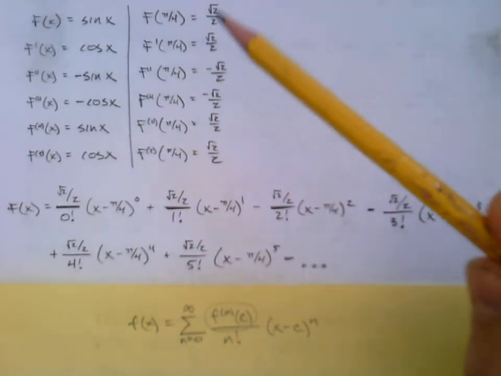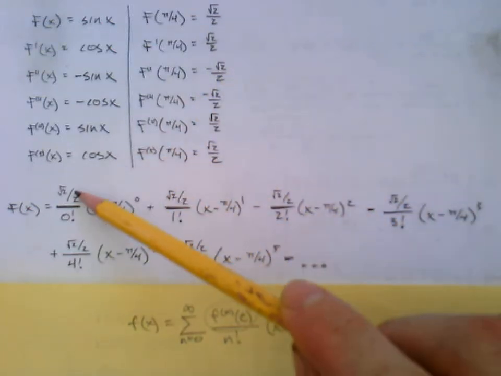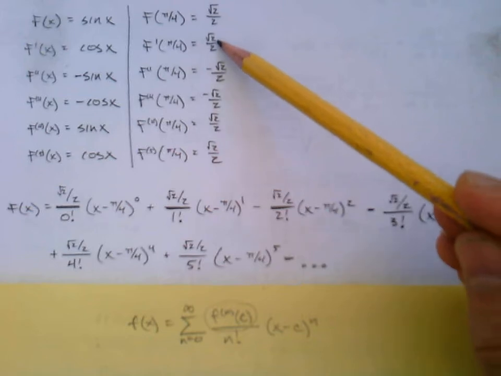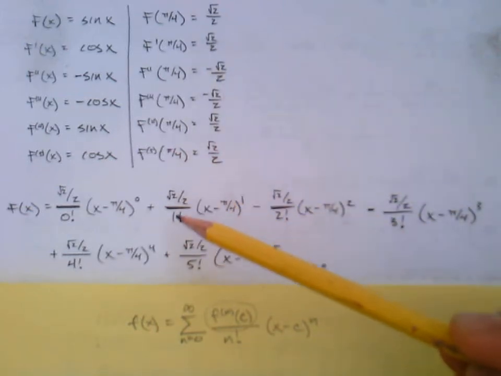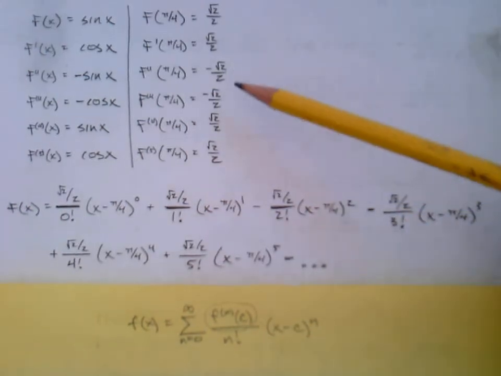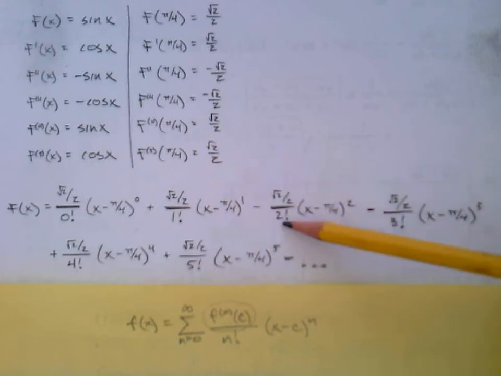And we've got our numerator there, square root 2 over 2. So we're filling in each of those parts. Then for this next one, I've got my numerator here, and n equals 1, factorial, raised to the first. Then we went negative, so minus that over 2 factorial, x minus pi over 4 squared.